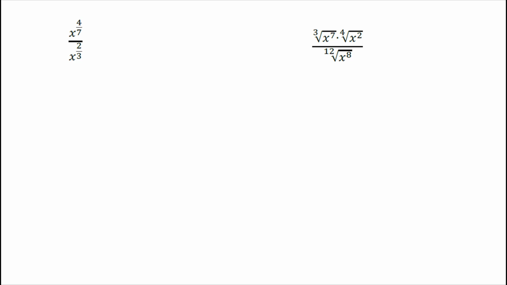So with this one, this is going to equal x to the power of 4/7 minus 2/3. Well, again, to subtract those fractions that we have in the exponents, we need to have common denominators.